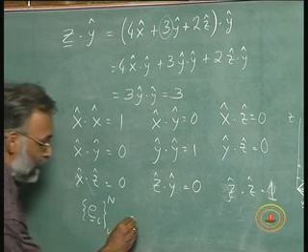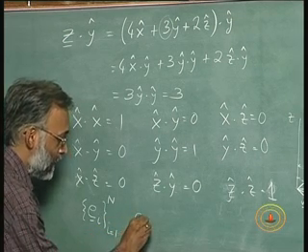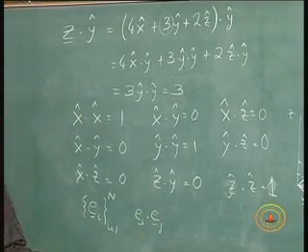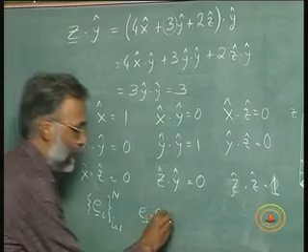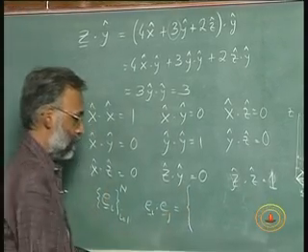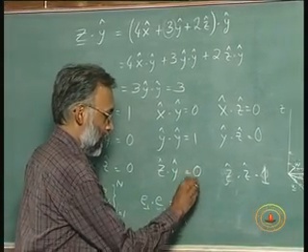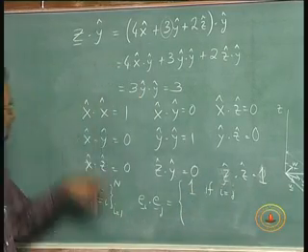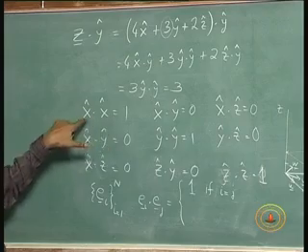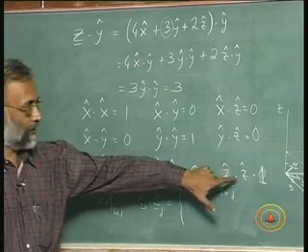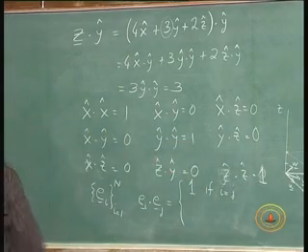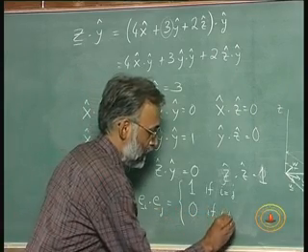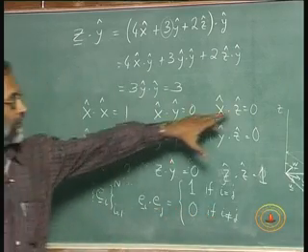Then if I take any e_i, dot it with any e_j, the answer will be 1 if i equals j. It is 0 if i is not equal to j, and you can see off diagonal everything is 0.